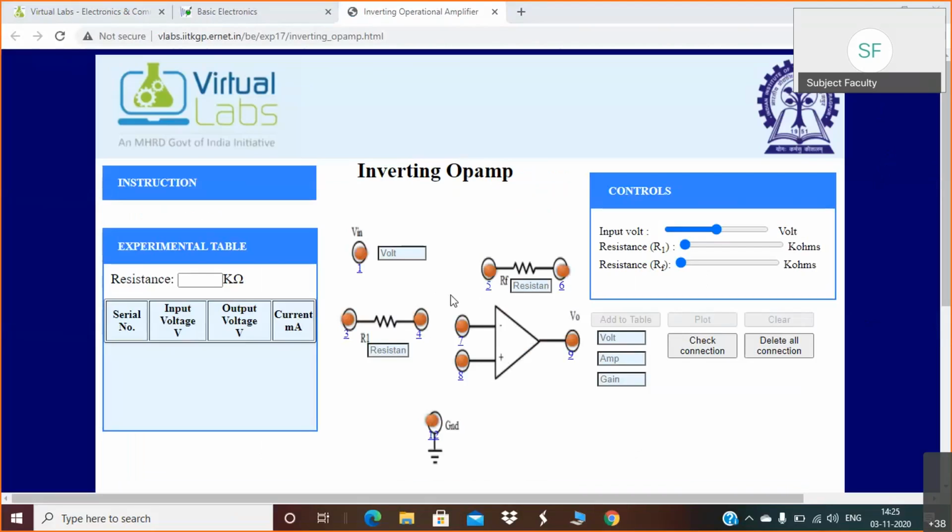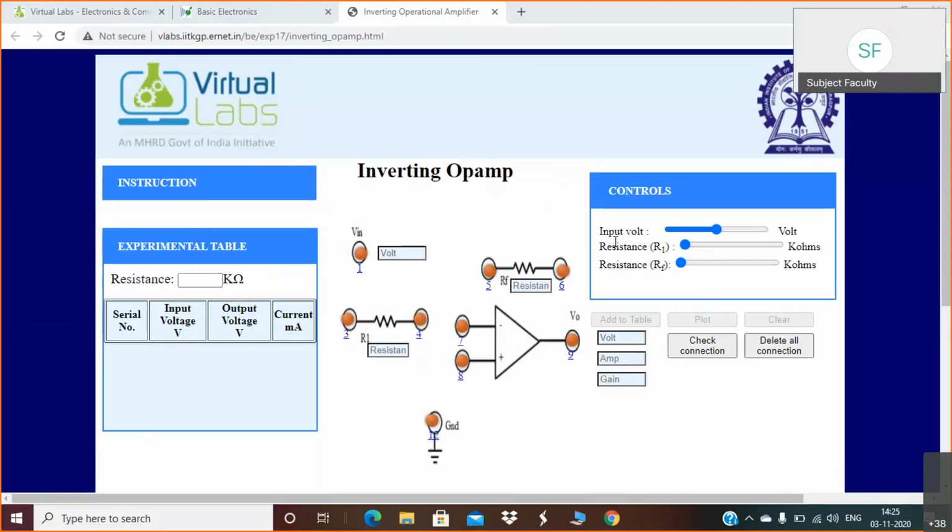This circuit is discrete, that means it is not a complete circuit. There is no connection between 2 points. So you have to connect the circuit first. Then you can vary these parameters.